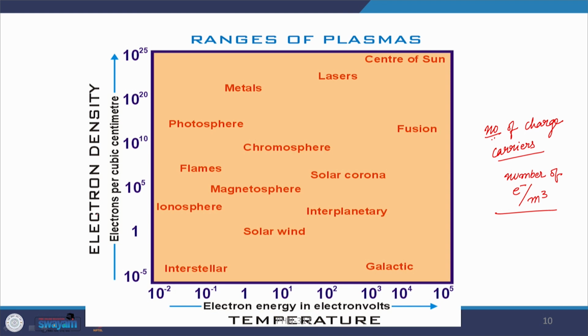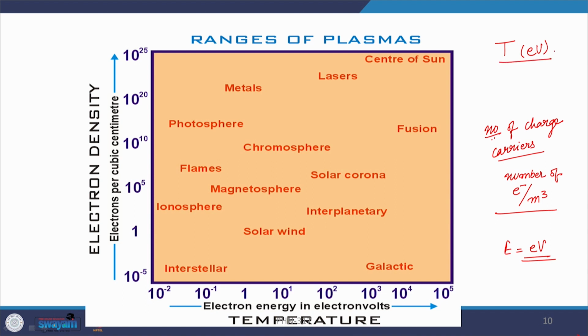So, on the y-axis you have electron density, and on the x-axis you have electron energy in electron volts, right. Energy has the units of eV. What is eV? Charge times the potential difference, right. In plasma we generally write temperature in the units of eV.